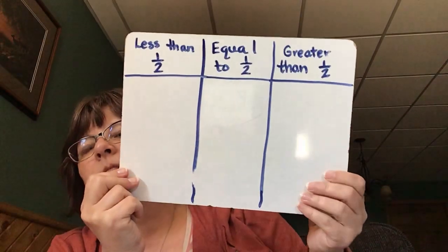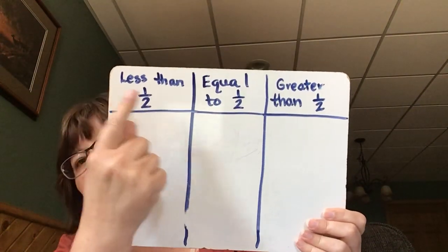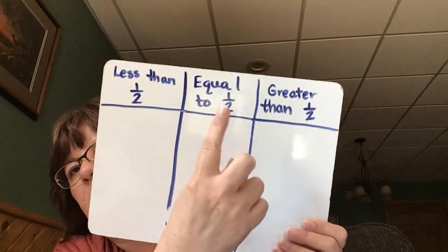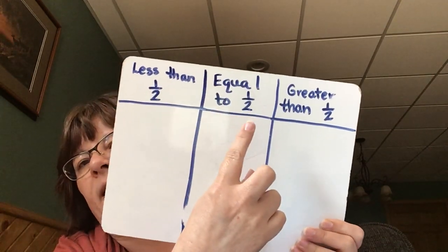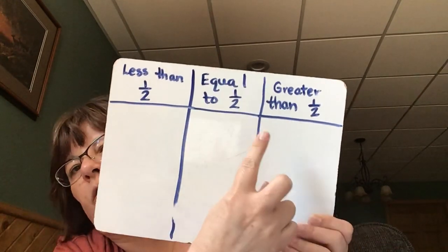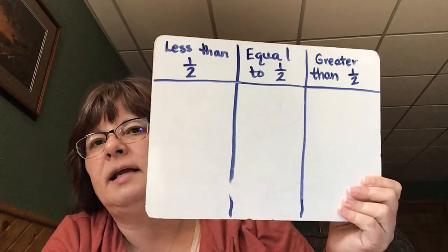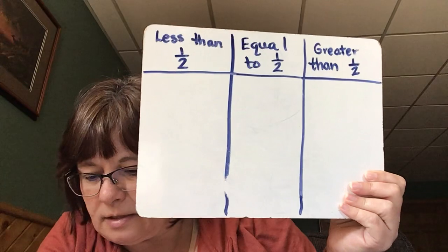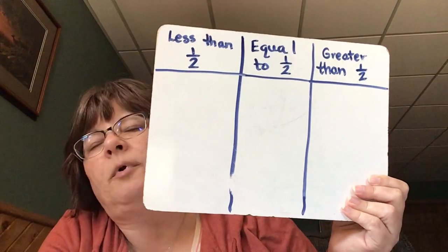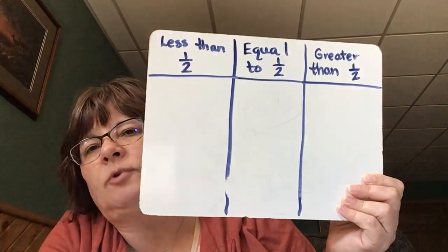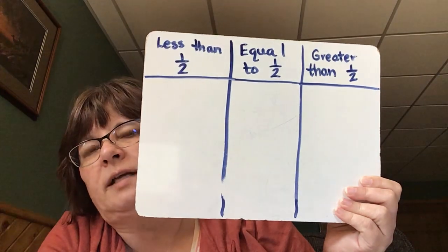All right. Math Journal, page 235, the top of it has a chart like this. It has a column for less than 1/2, equal to 1/2, greater than 1/2. And it also has a little box that explains and reminds you to remember what the equal sign is, what the greater than sign is, and what the less than sign is.